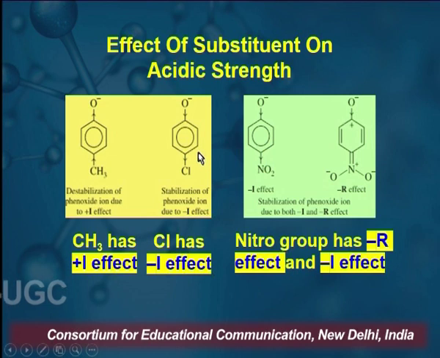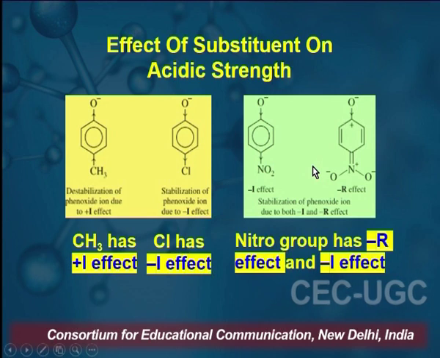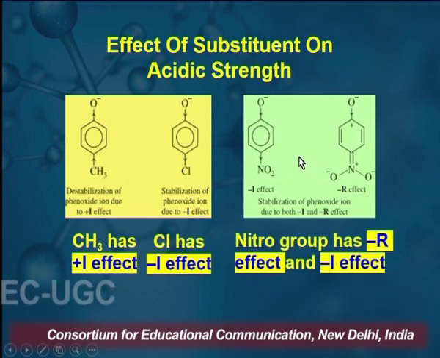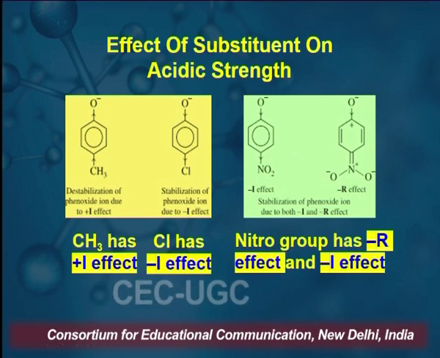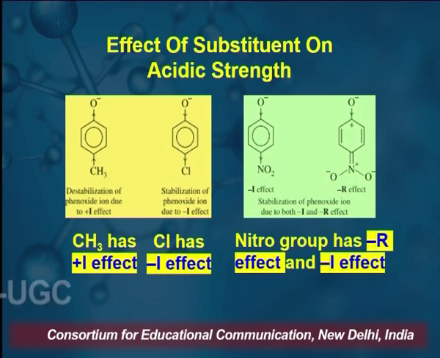Chlorine, on the other hand, due to -I effect will stabilize the phenoxide ion and therefore increase the acidic strength. In case of nitro group, there will be a -I effect and a -R effect. So, both inductive and resonance effects are in the picture, and both of them are withdrawing electrons and stabilizing phenoxide ion to a higher extent. So, nitrophenol will be most acidic of these three.